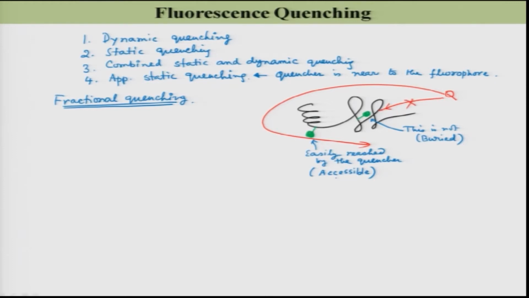So, the fluorescence intensity of this fluorophore will decrease, but the fluorescence intensity of this fluorophore will be unaffected, right. Clear?